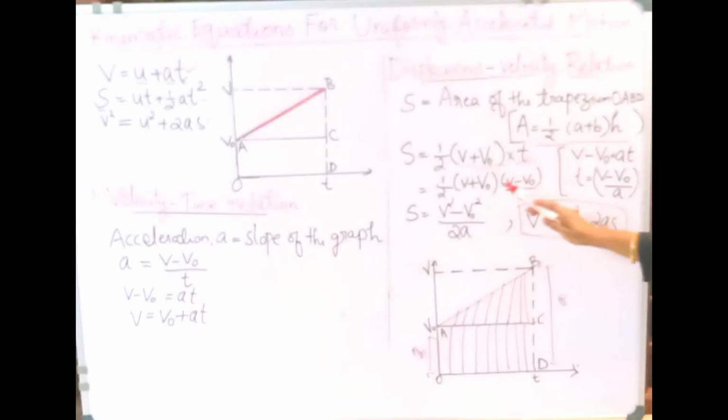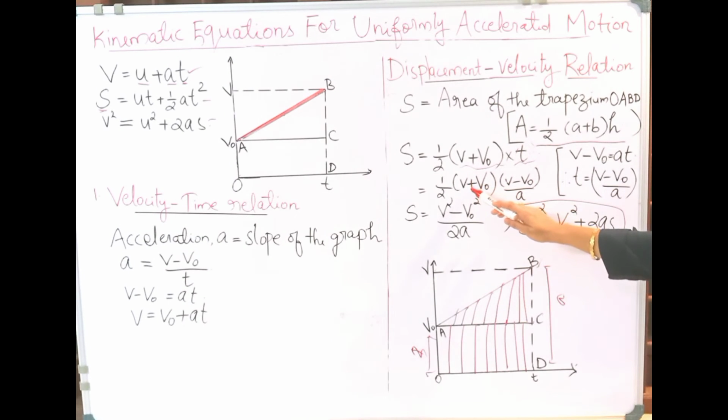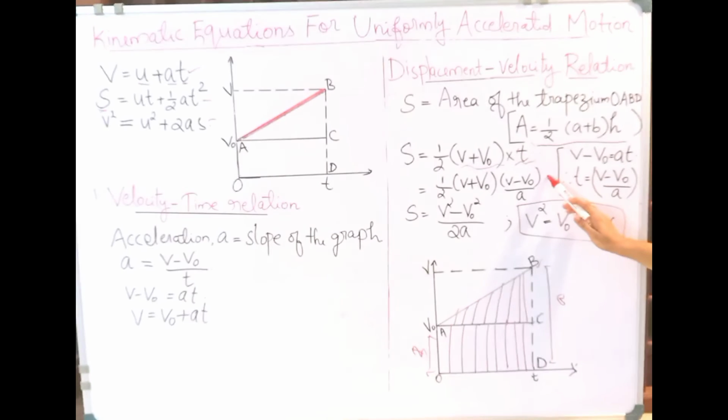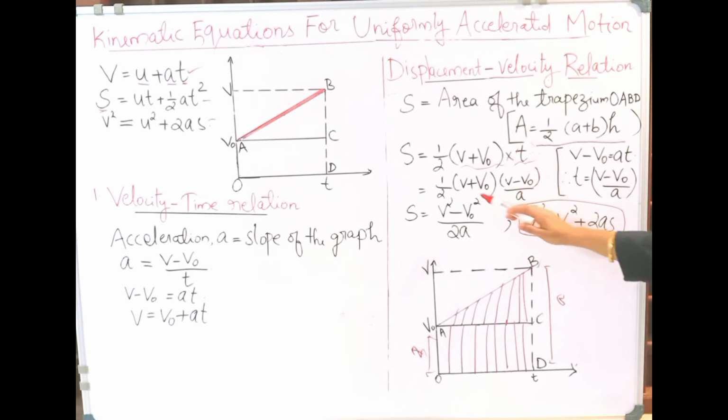That is, here it is like (a plus b) into (a minus b). So what will we get? (a plus b) into (a minus b) is equal to a square minus b square, isn't it? So how can we write? This 1 by 2a is coming here, and this portion, (v plus v0) into (v minus v0), will be v square minus v0 square. That is, s is equal to (v square minus v0 square) by 2a.